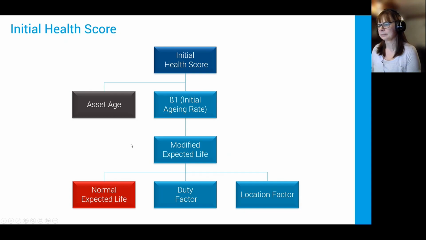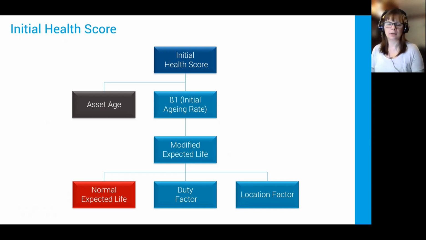So our initial health score, so the red box down here just shows this is actually a calibration value, and we use calibration values to set values against a particular population. So a calibration value might be things like, in this case, it's a normal expected life.